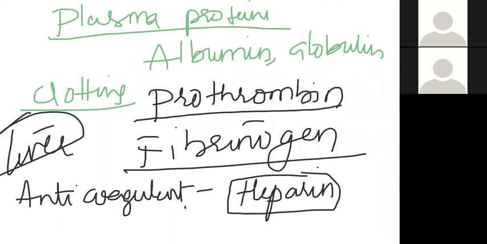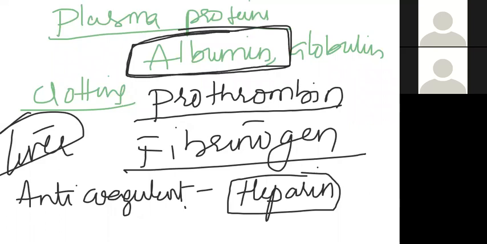Albumin is the smallest and most abundant serum protein, which is mainly responsible for the colloidal osmotic pressure of the blood. How, I will show in the lymph topic.